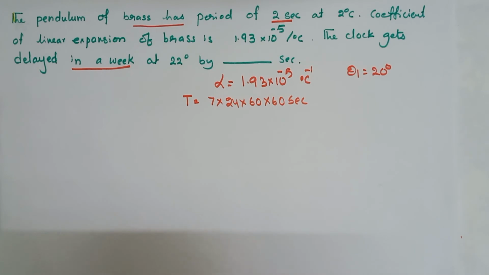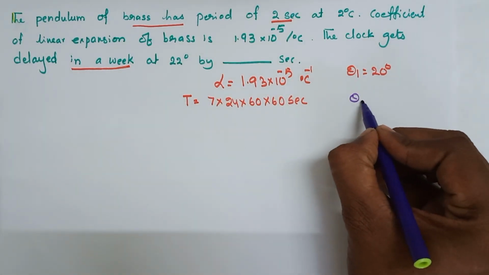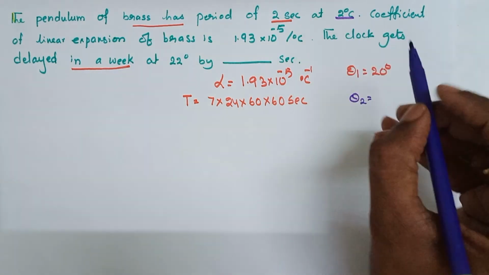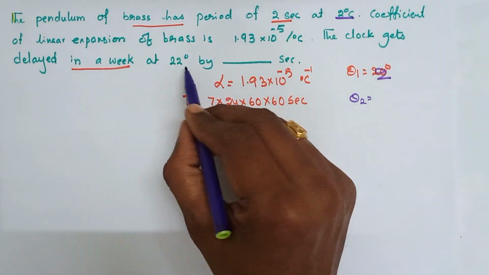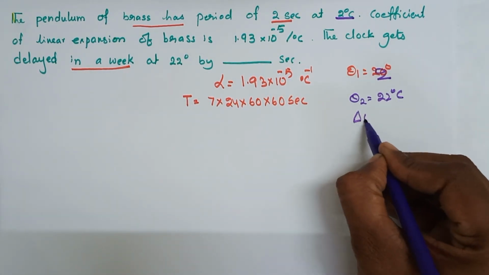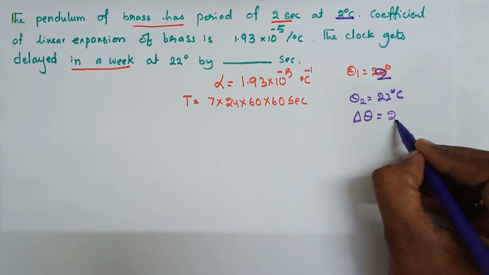Right. Next, theta 1 is 2 degrees centigrade. Theta 2 is 22 degrees centigrade. So delta theta, the temperature difference, is 20 degrees centigrade.